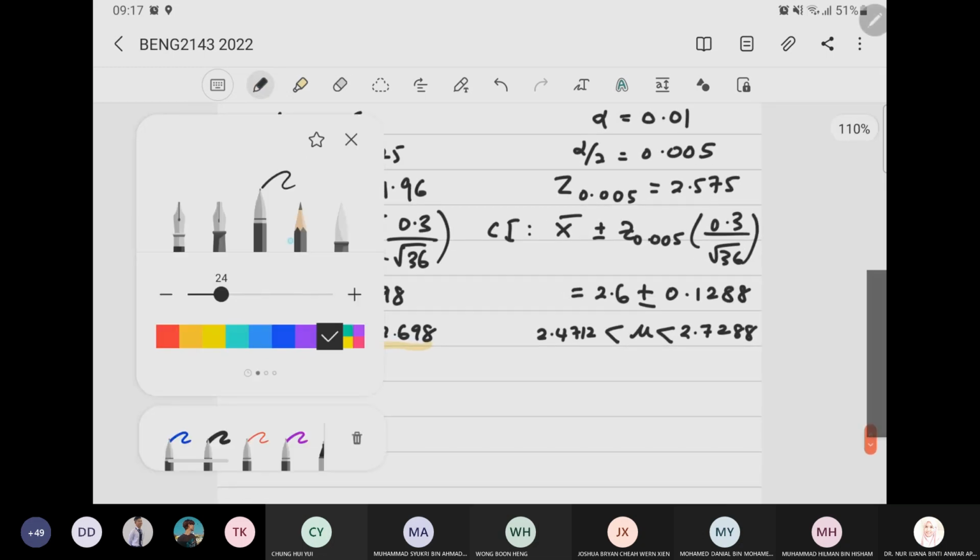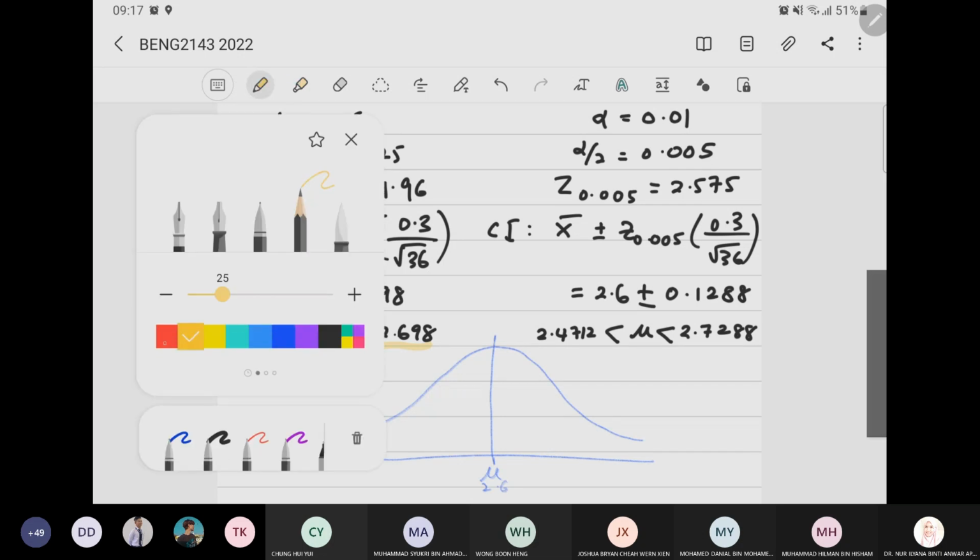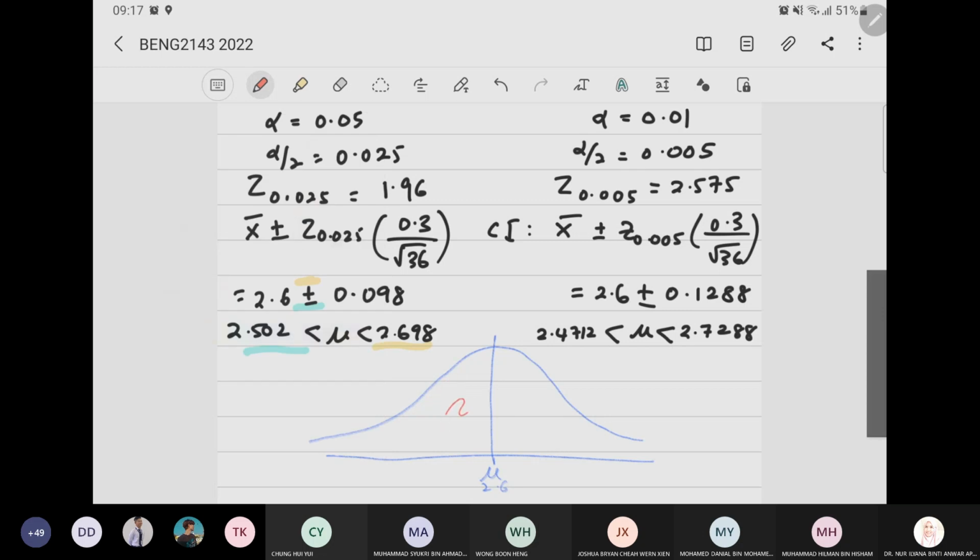So now I want to show in the form of an image how this works. The concept is actually the same. You have taken from that sample and then you just want to find the mean from the sample. Just now you got 2.6.